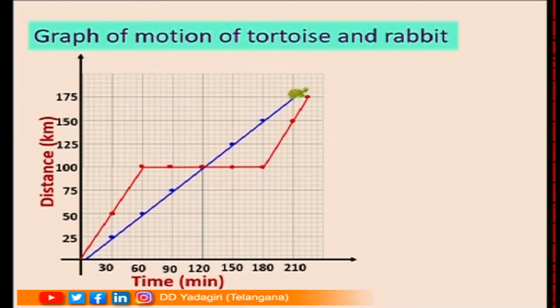The tortoise graph is a straight line, which means it has uniform motion. But the rabbit has uniform motion up to 60 minutes only. After 60 minutes, he took rest. That's why the tortoise overtakes the rabbit here, and finally the tortoise wins the race.